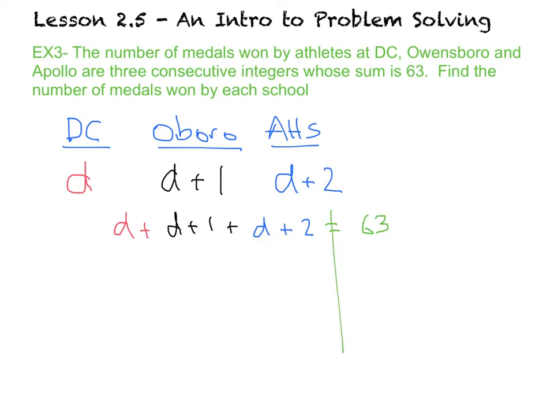We've got like terms here. Again, I think it's useful to throw coefficients in front of these D's. So D plus D plus D is 3D plus 3 equals 63.